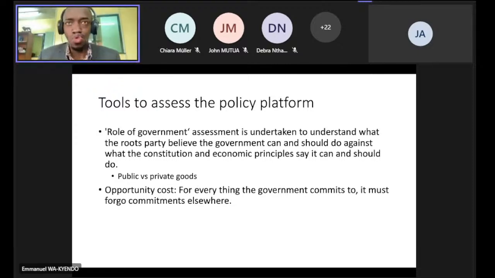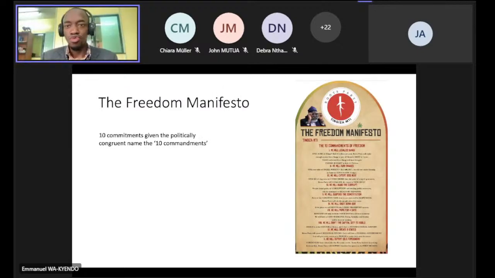The other simple tool that we will use is to assess the opportunity cost. That is to say, for everything that a government commits to do, it must forgo a commitment elsewhere. Now, the Roots Party is contender Wajakoya's political party, as many of us already know, and his manifesto, or political platform, has been called the Freedom Manifesto.